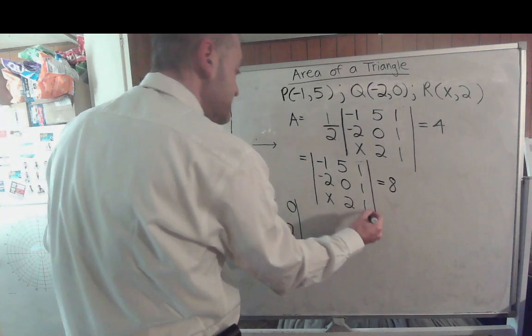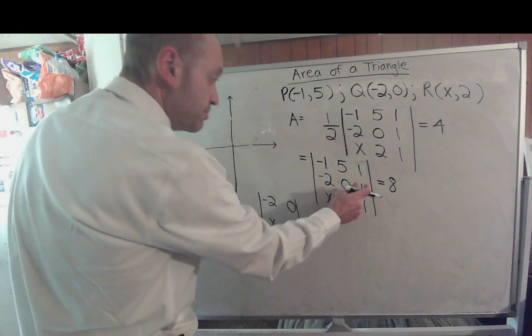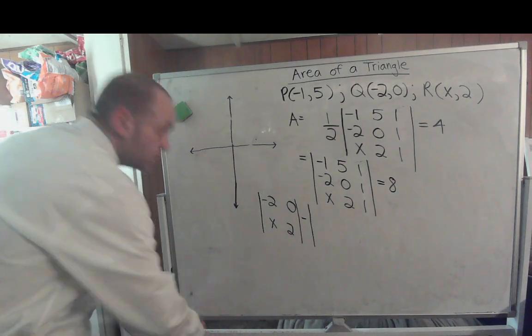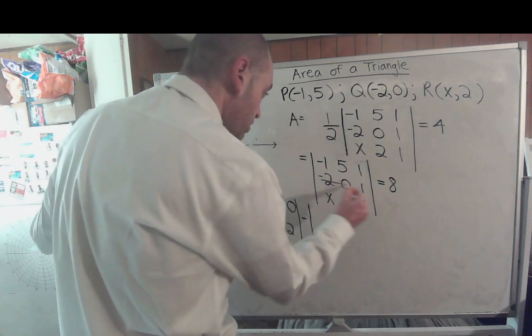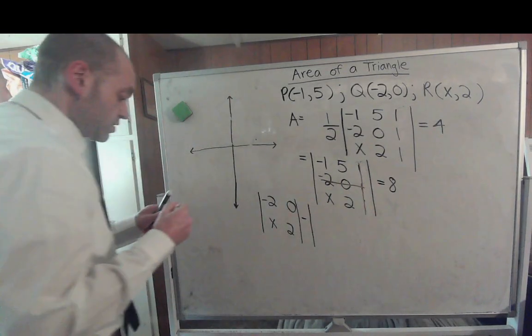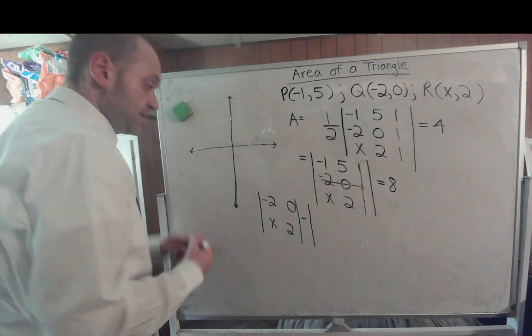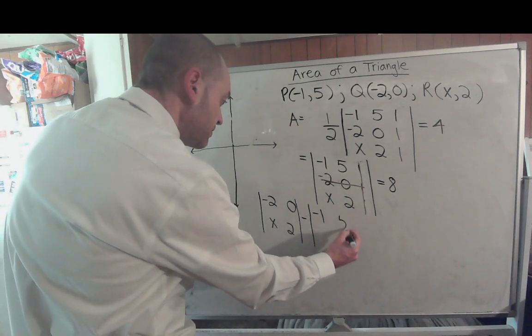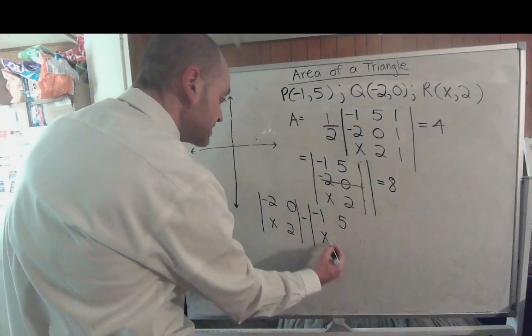We're going to take the second number in the third column, so that should be minus that 1 times the resulting determinant I get when I strike out that row and column in which that one occurs. So that resulting determinant is going to end up being -1, 5, x, and 2.